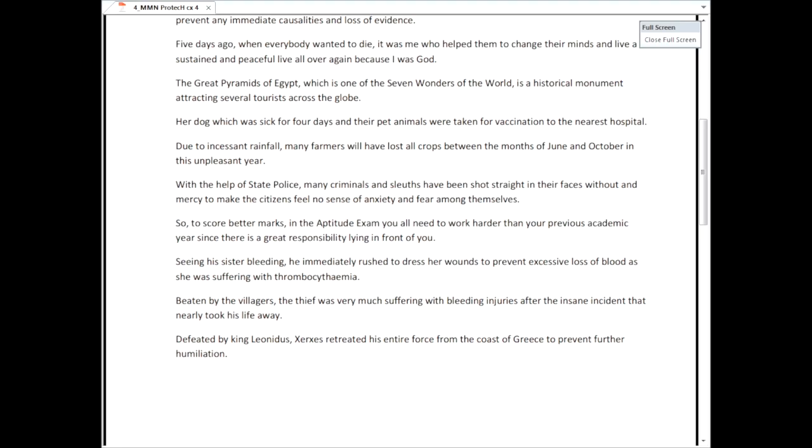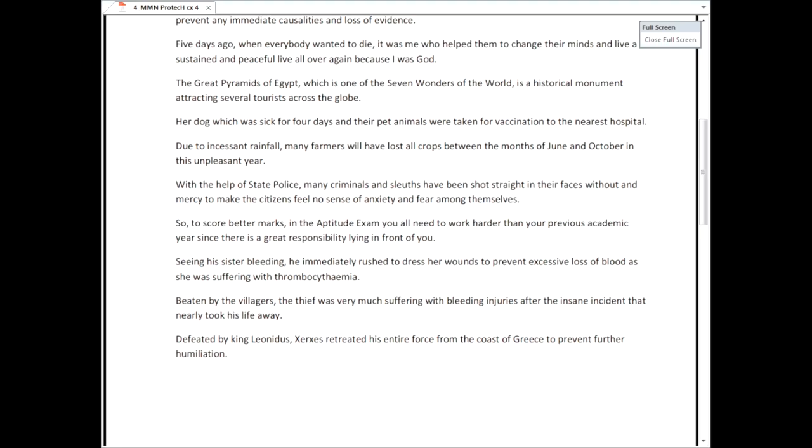That's a noun segment. Xerxes retreated his entire force, from the coast of Greece. From is a preposition. From the coast of Greece, that's another segment. Defeated by King Leonidas, Xerxes retreated his entire force. Subject is only Xerxes, nothing else. Retreated his entire force is a complement segment.